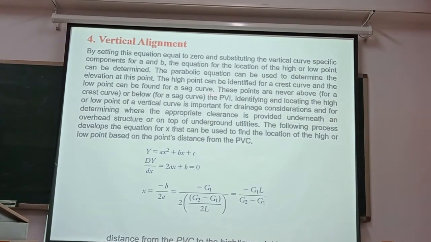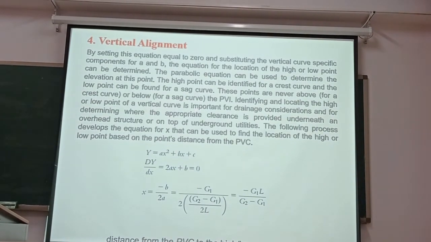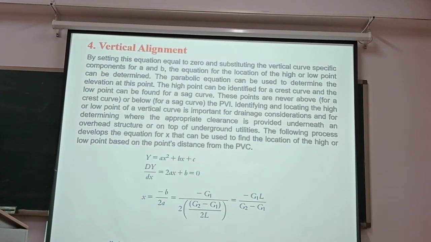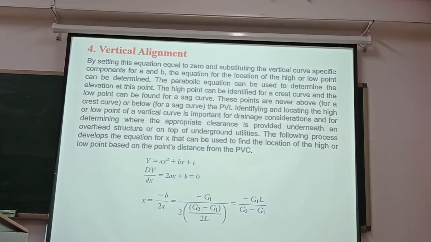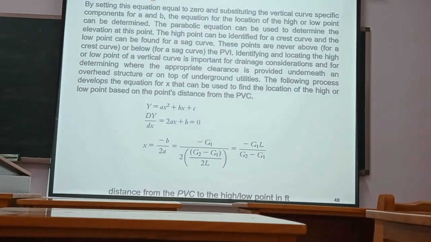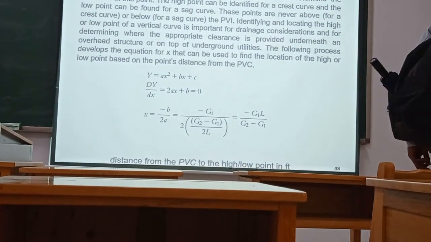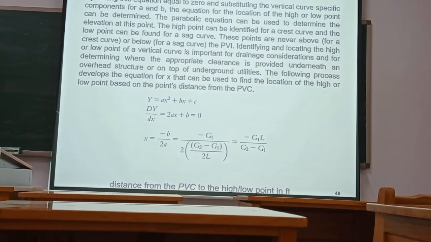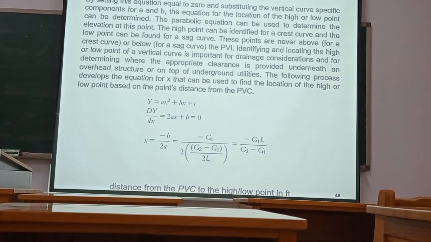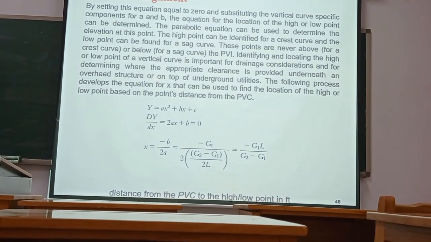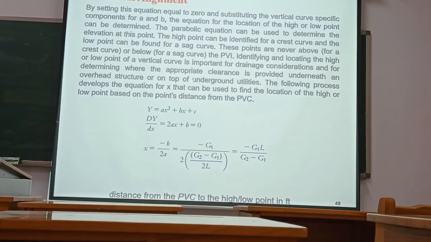Identifying and locating the high or low point of a vertical curve is important for drainage considerations and for determining where the appropriate clearance is provided underneath an overhead structure or on top of underground utilities.